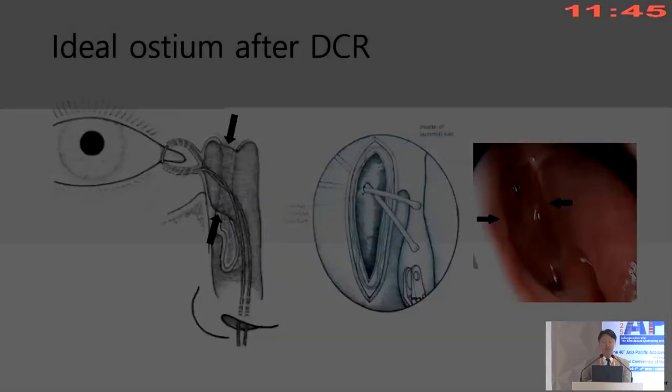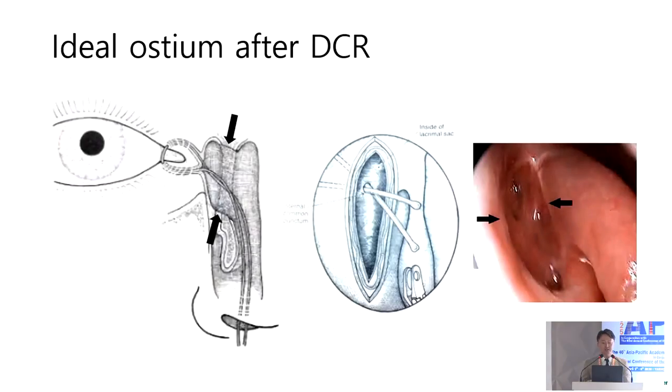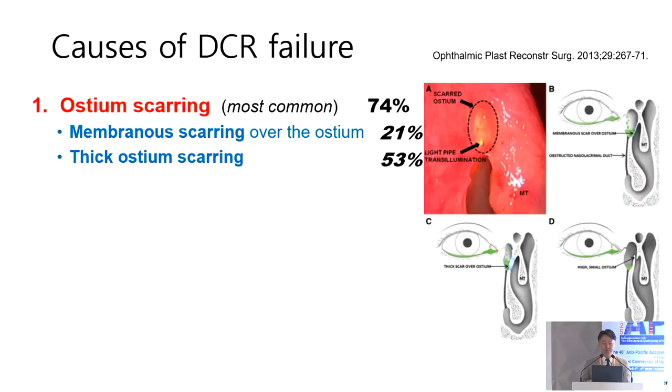The ideal ostium after DCR can be achieved by marsupializing the entire lacrimal sac, but in reality, it's not always easy to perform. There are many causes of DCR failure, and ostium scarring is the most common one. Membranous scarring can be formed over the ostium, or thick ostium scarring, which is more common.